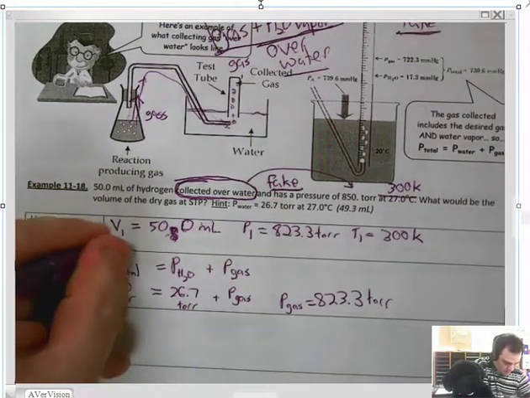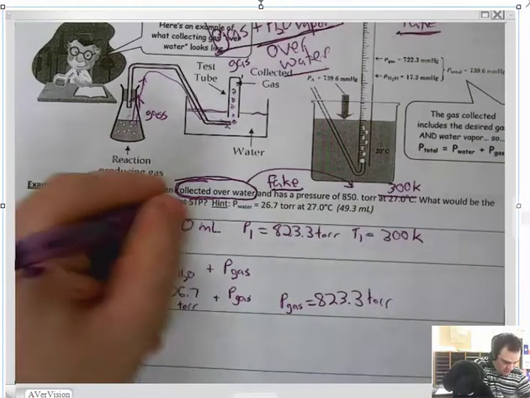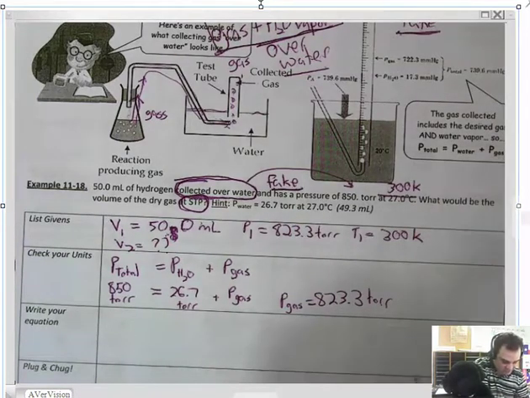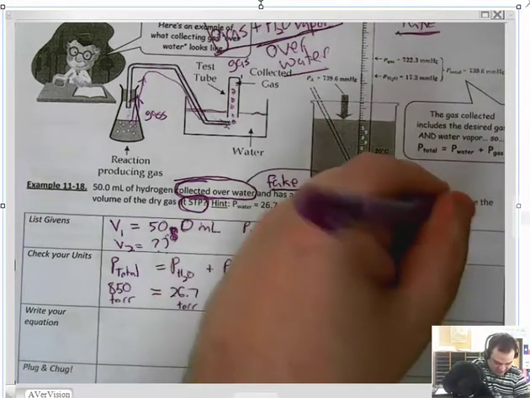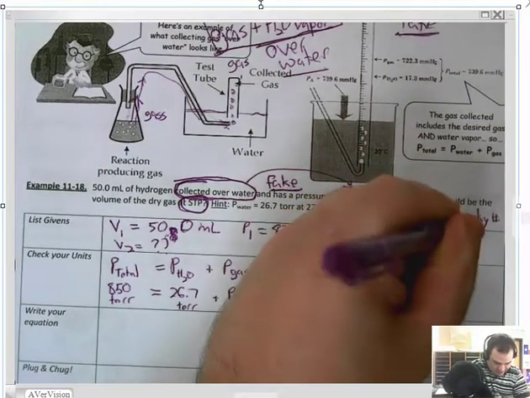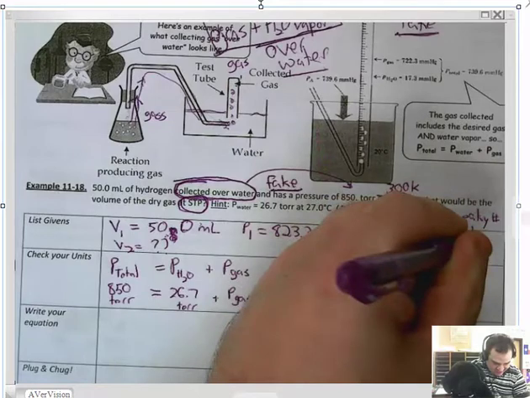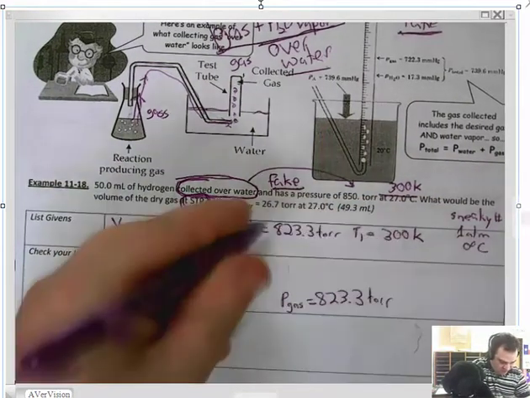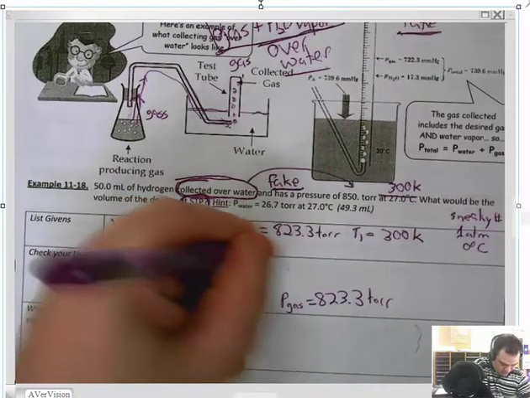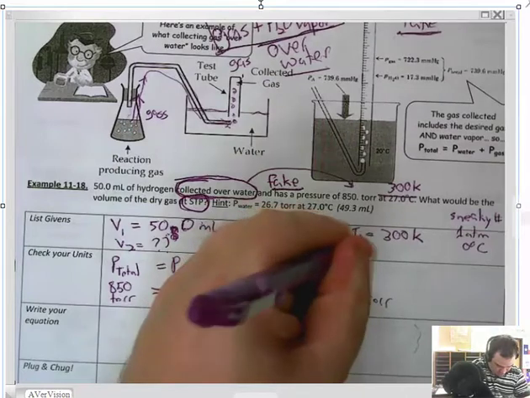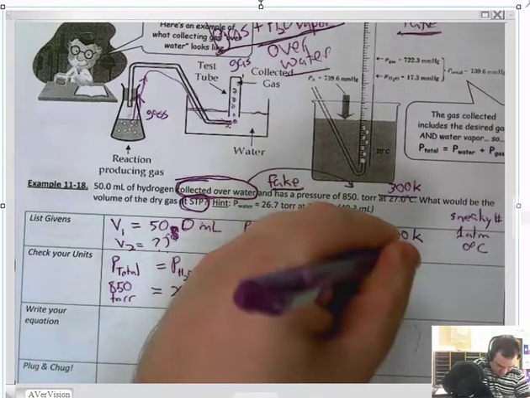So we're going to look for V2 at STP. Oh, you're right, Darian. Those are the sneaky numbers. Remember, that's 1 atmosphere and 0 degrees C. So 1 atmosphere is equal to 760 torr. I'm going to use 760 torr, and the temperature at 0 degrees Celsius is really 273 Kelvin.